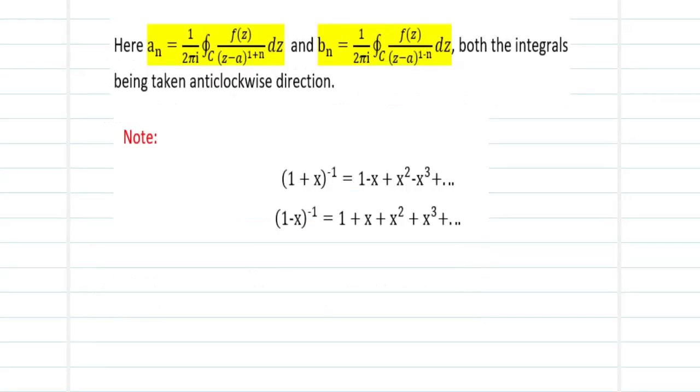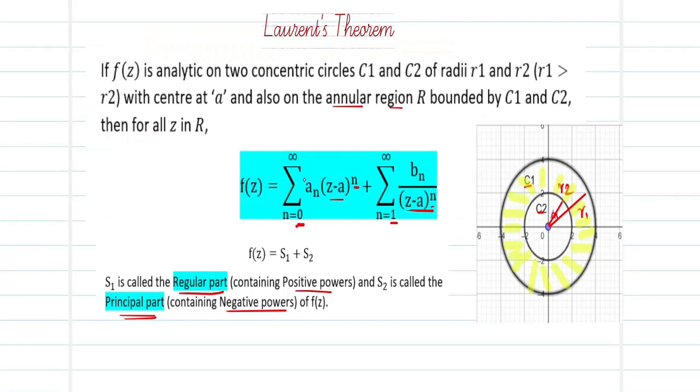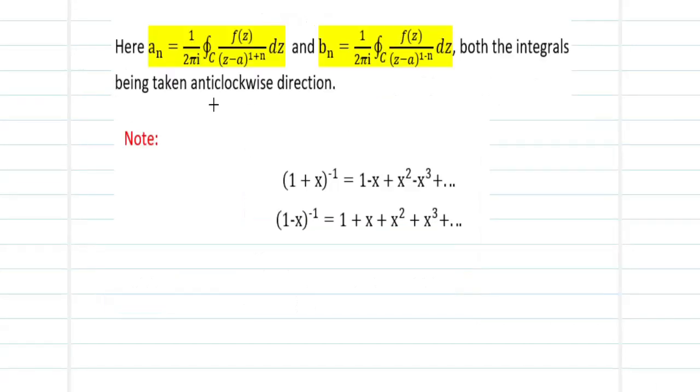Now there are two more quantities involved in the formula, called an and bn. They are called the coefficients of the Laurent series. So how do we get those coefficients? They are given by the formula: an is 1 by 2 pi i integral over the curve C of f of z by (z minus a) power 1 plus n into dz, and bn is 1 by 2 pi i integral over C of f of z divided by (z minus a) whole power 1 minus n.